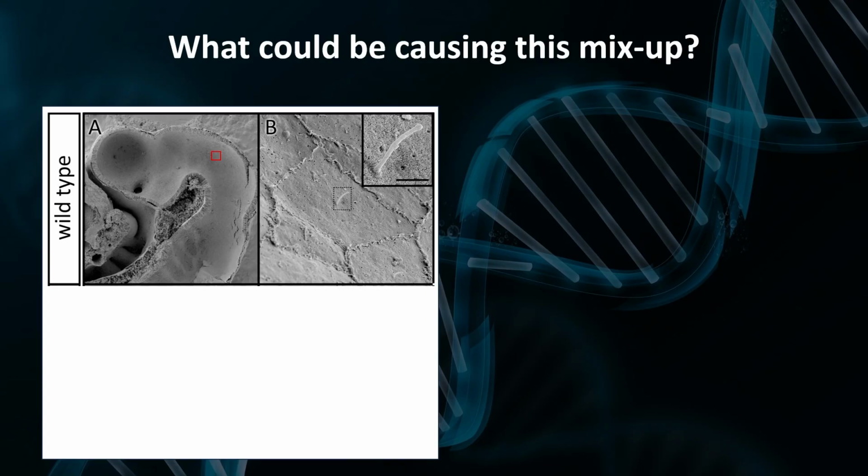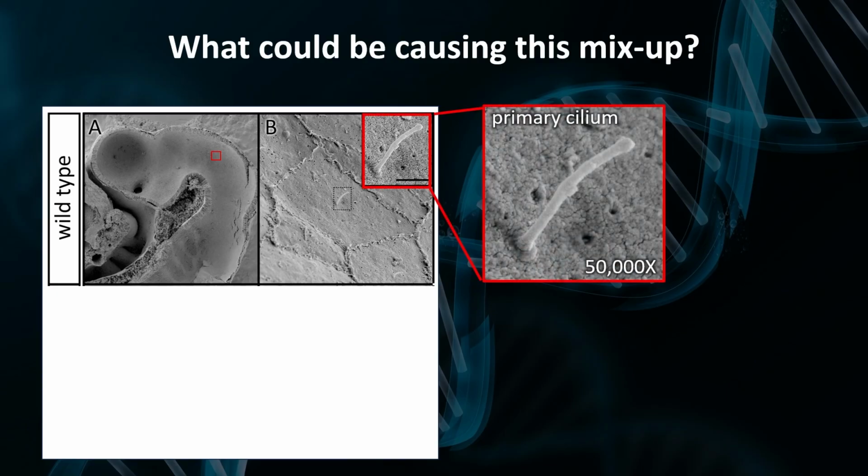And this is scanning electron microscopy of the brain. Here is a normal mouse. If you were to zoom in, high power magnification on the cells in the brain, you would see these little structures. One of them, and exactly one of them on every single cell.